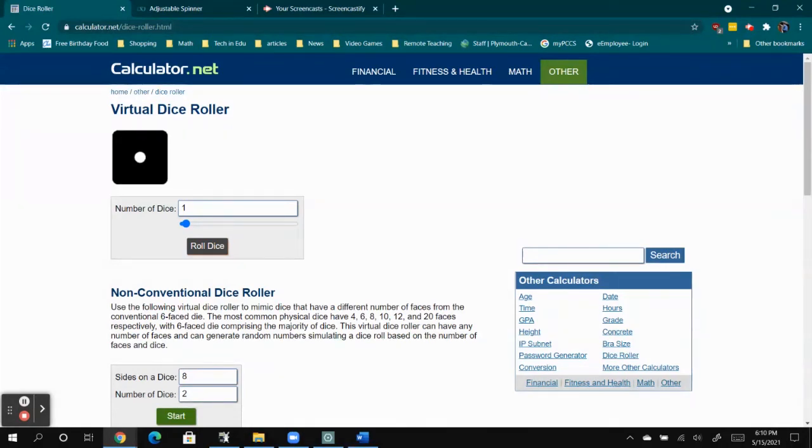Okay, so that was 1. That was 2. That was 3. That was 4. So far we've had 3 1s in a row. Okay, that was a 5th roll and a 6th roll.